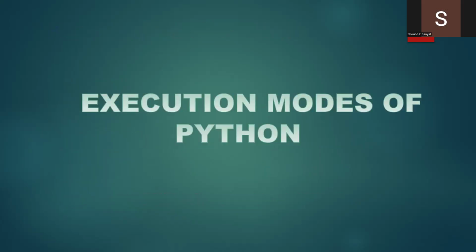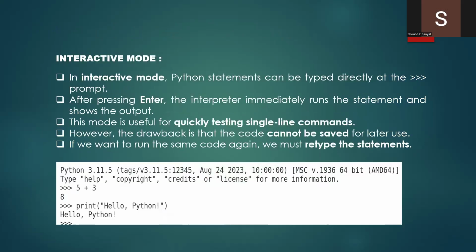So now let's come to the portion which is the execution modes of Python. There are two execution modes of Python. One is interactive mode, and one is script mode. Now what is interactive mode? In interactive mode, Python statements can be typed directly at the prompt.